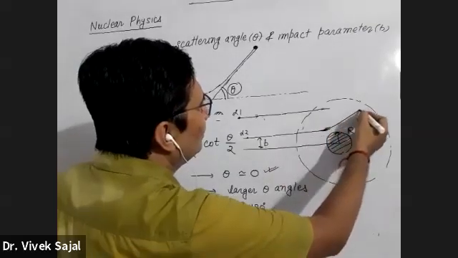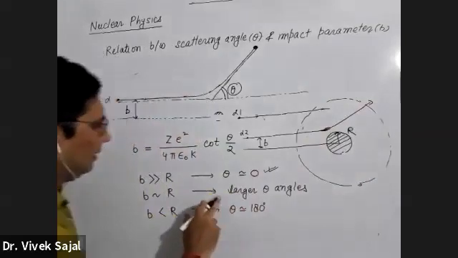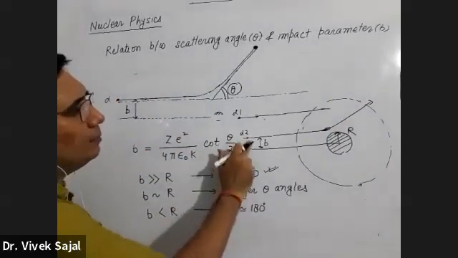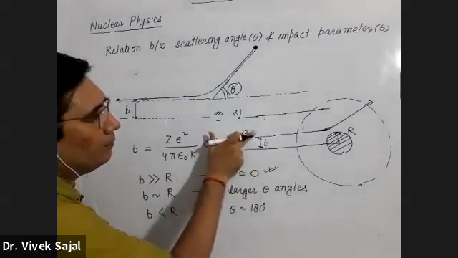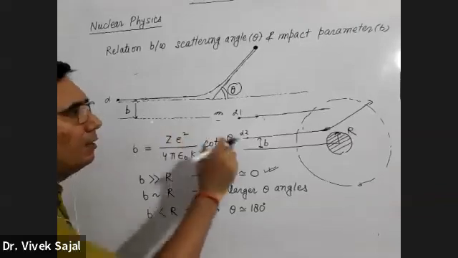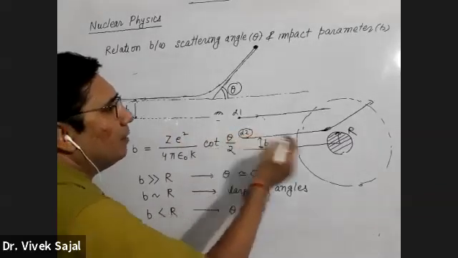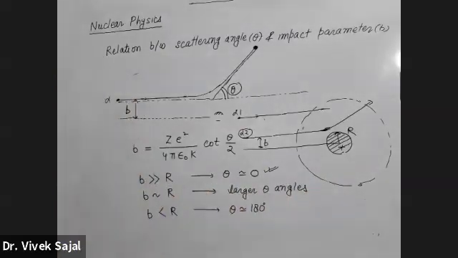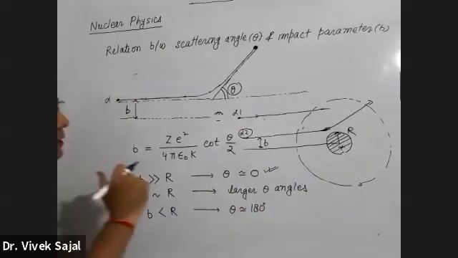It will be scattered at a larger angle. This is the second case. This is B: the minimum separation between the line of action of the alpha particle and the nuclei, the perpendicular distance between them, when the interaction between the alpha particle and the positively charged nuclei is nearly zero at large distance.